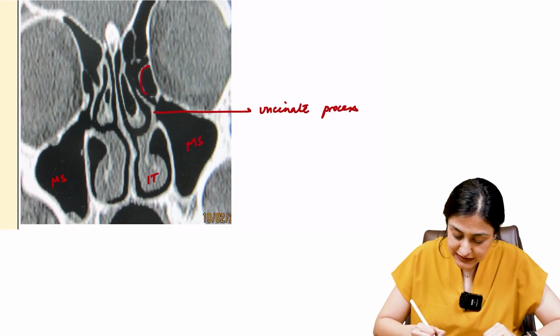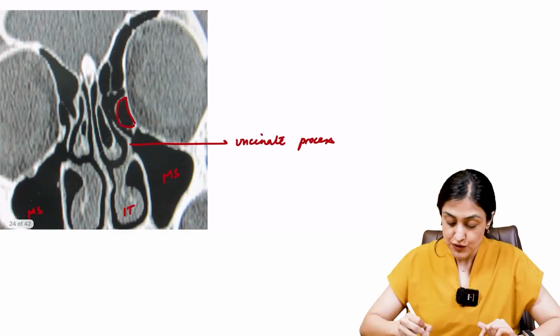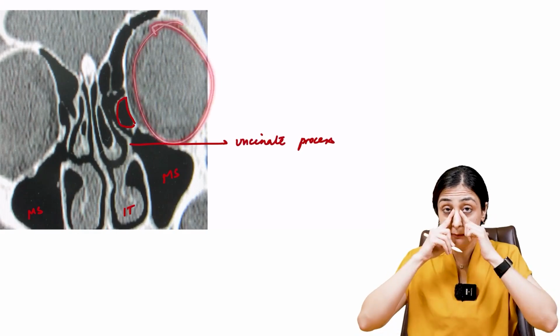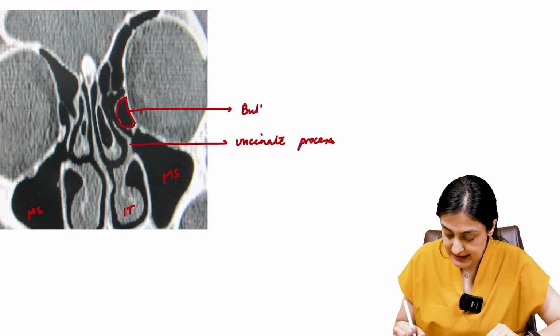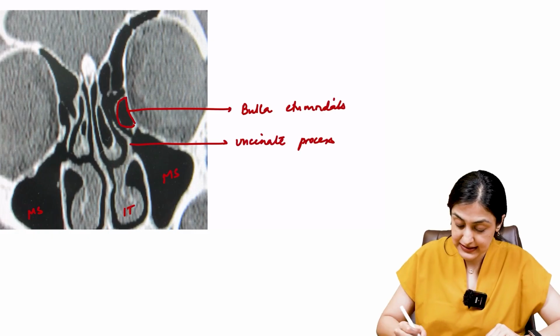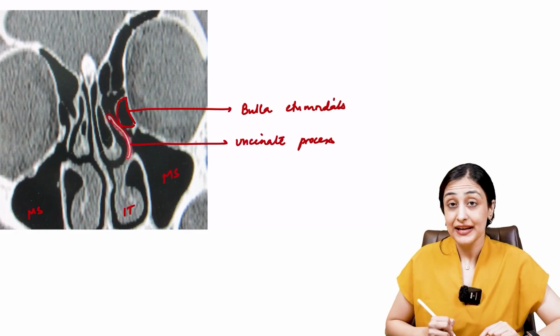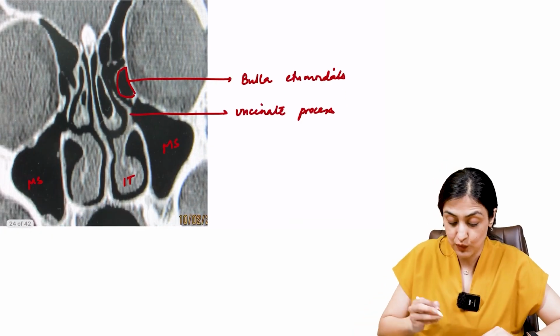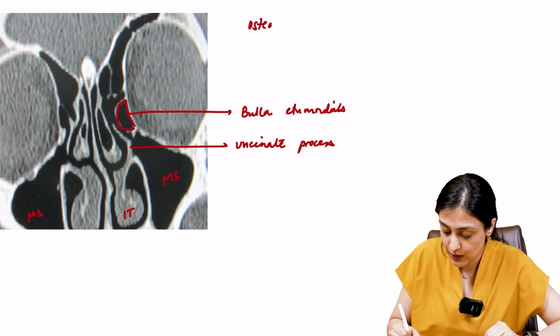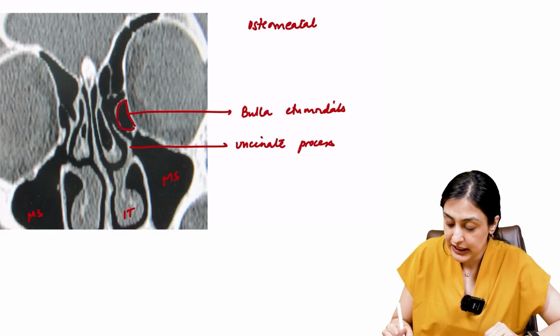And what do you see here from the medial wall? So this is the orbit, right? On the medial wall, what I see is bulla ethmoidalis. So I can see the bulla ethmoidalis and I can see the uncinate process here. So this becomes the maxillary sinus ostium. What we are learning now is actually the osteomeatal unit.